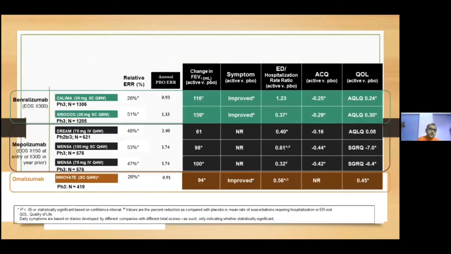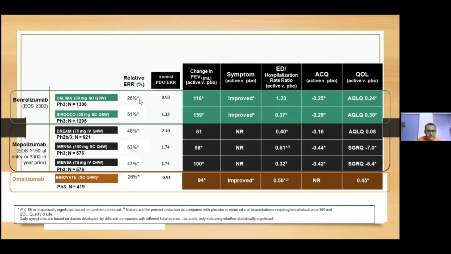So now if we compare benralizumab, mepolizumab and omalizumab, we can find all the drugs reduce some amount, but there is much more reduction in their studies compared to placebo in the case of benralizumab and mepolizumab.